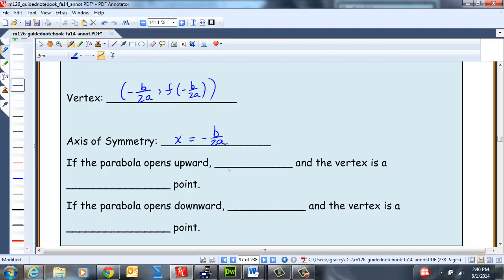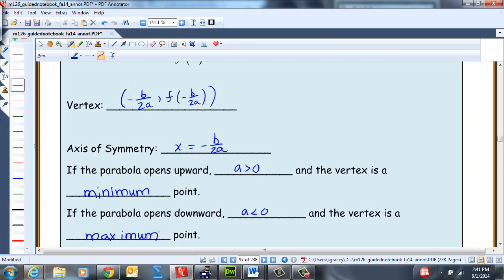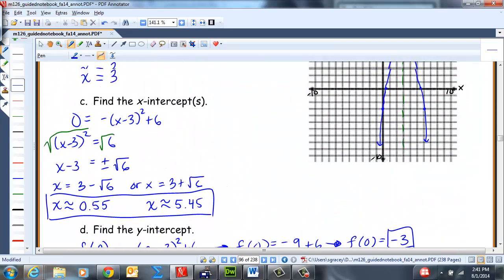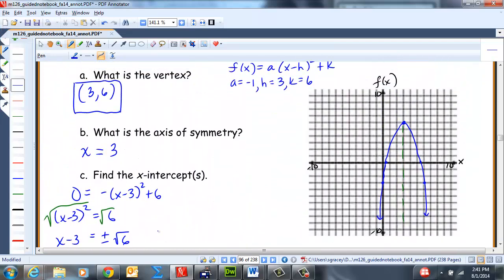If the parabola opens upward, a will be greater than 0, and the vertex is a minimum point. If the parabola opens downward, a will be less than 0, so the vertex will be a maximum point. And let's just take a look at the graphs we've done. So if you look at this guy, it opens downward, and you see the vertex right here.